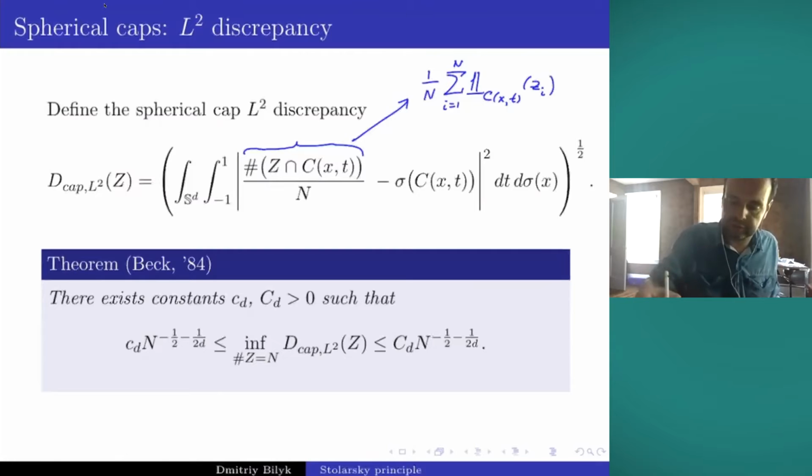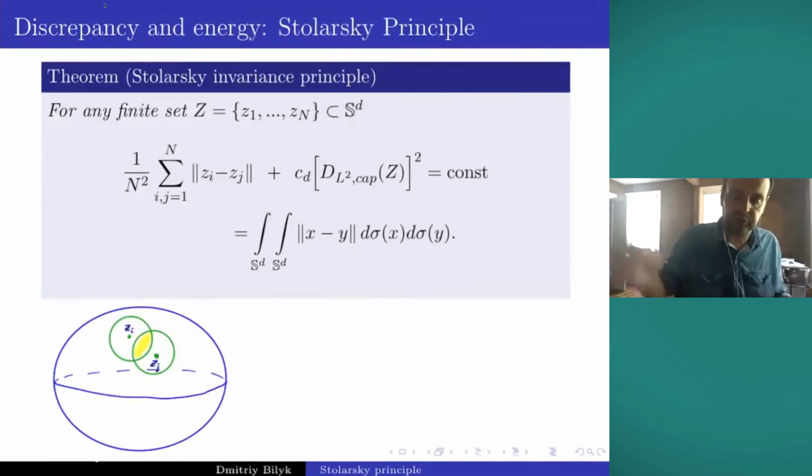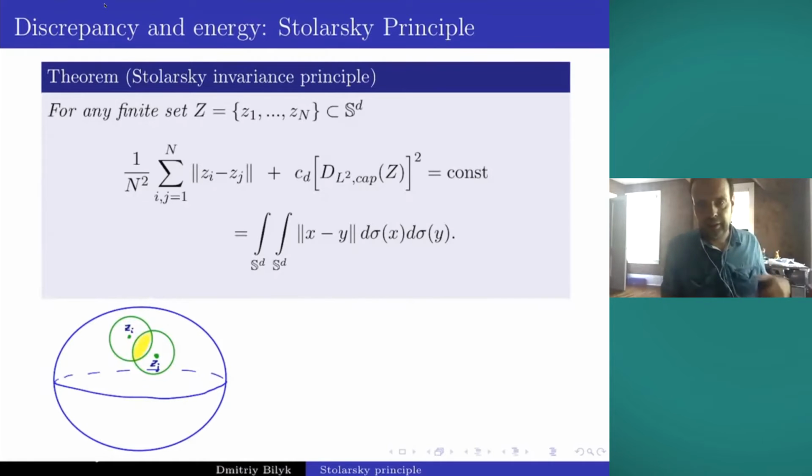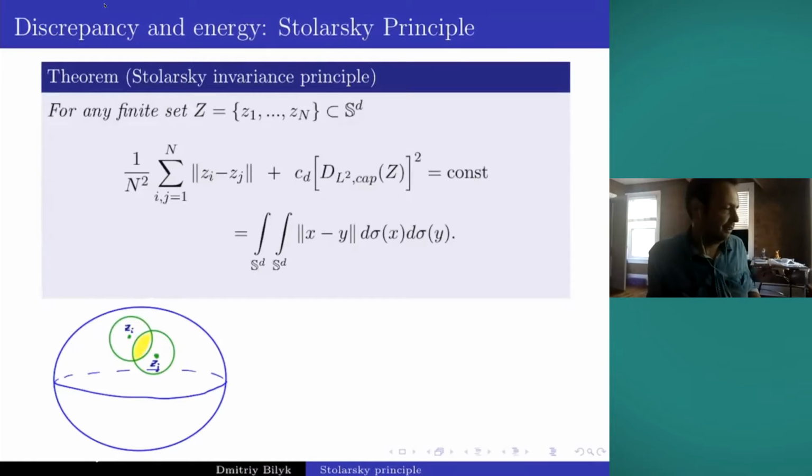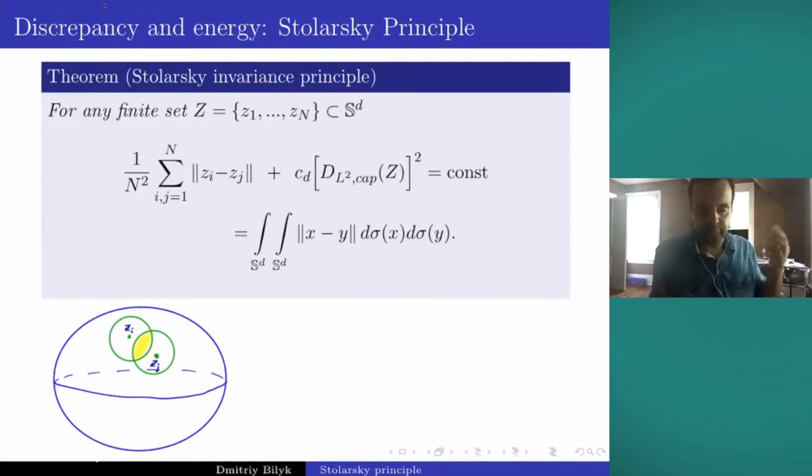You get these characteristic functions, you integrate in x, and you'll get the area of the intersection. And then you simply need to integrate that. It's not completely straightforward, but it's not a terribly complicated computation. And that leads to one possible proof of the now famous Stolarsky invariance principle.